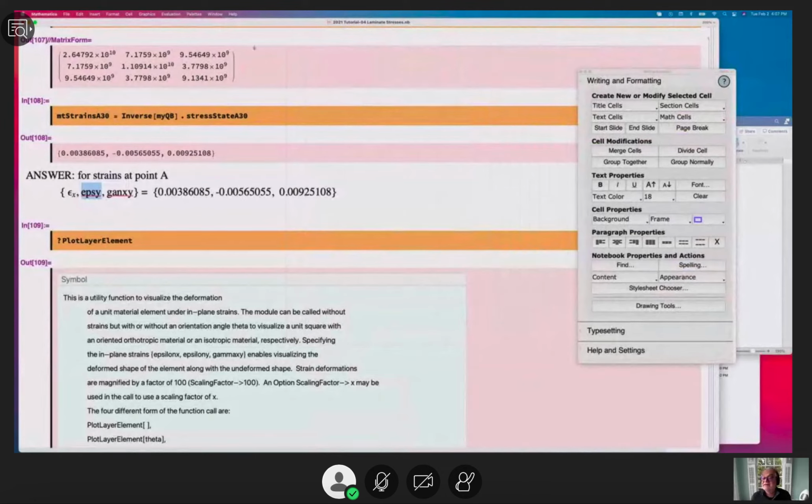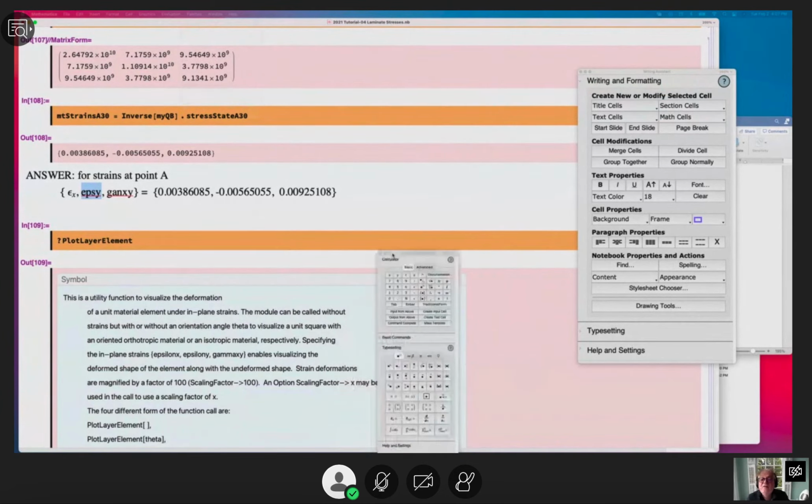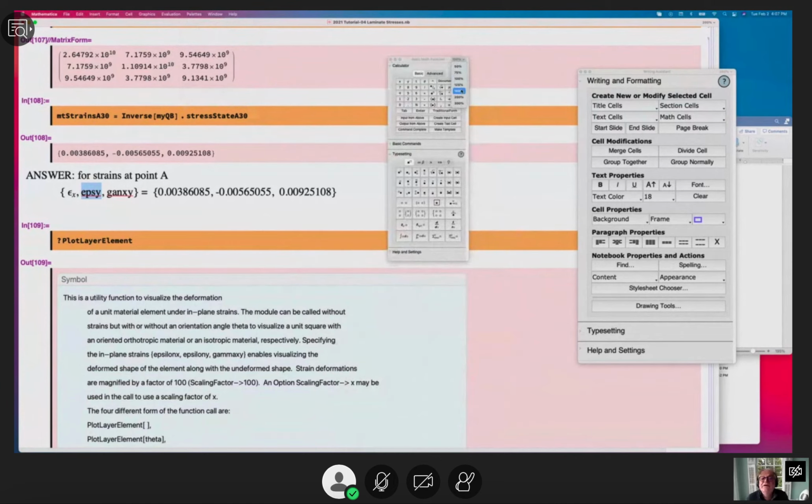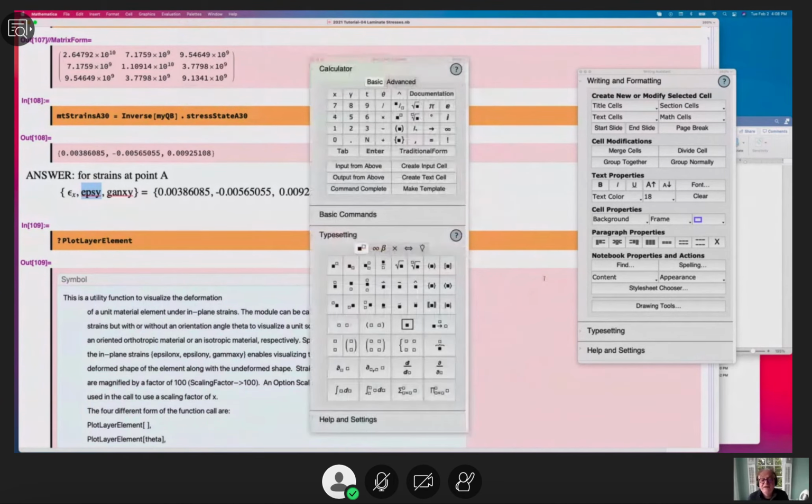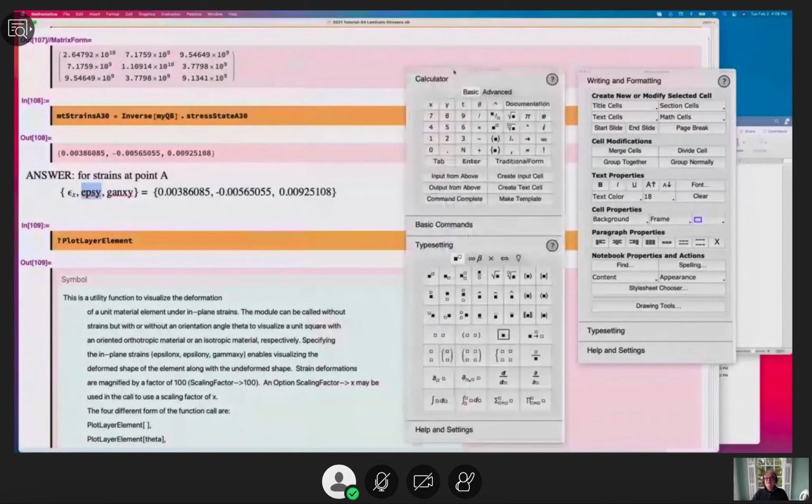If you want a palette for basic math, let's put the basic math assistant. Where did the basic math assistant go? Here it is. I'll move it here. Make it 200. This is your basic math assistant. You can use every one of these in here.